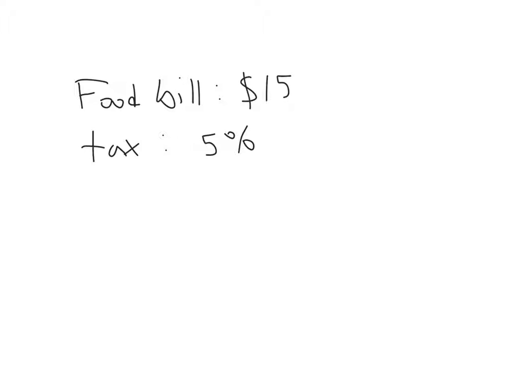This will happen all the time when you're out in a restaurant. You're going to pay a certain amount, that's the price on the menu, and then you're going to pay taxes on it. Depending upon the area where you're at, the taxes are going to be different. Let's say you pay a food bill of $15, and the tax percentage is 5% for that area. I'm just going to set this up nice and easily, 5 over 100, just because it's got that percent sign.